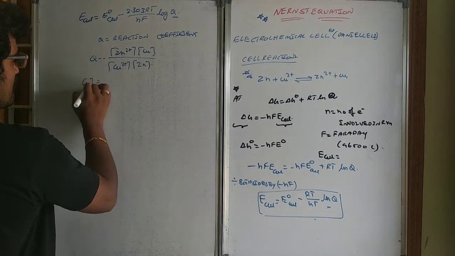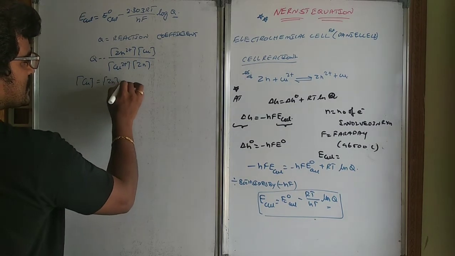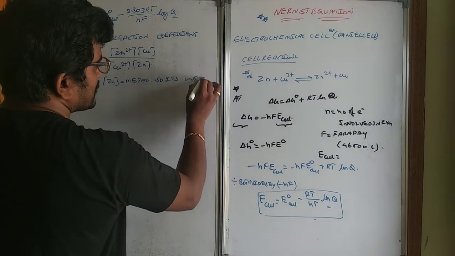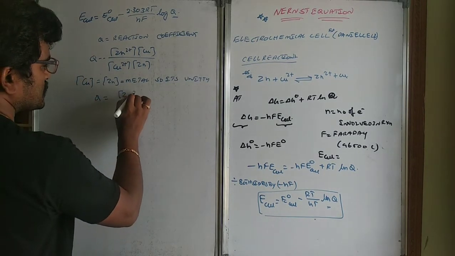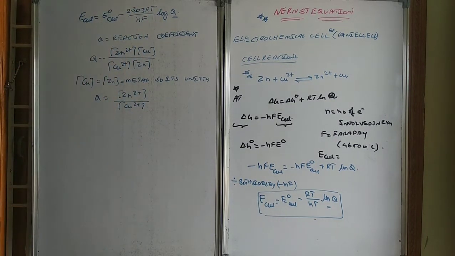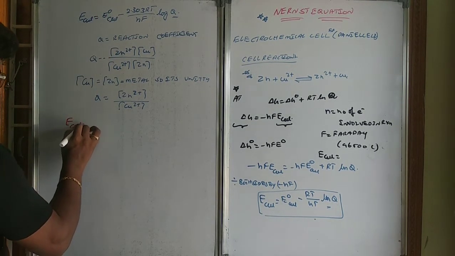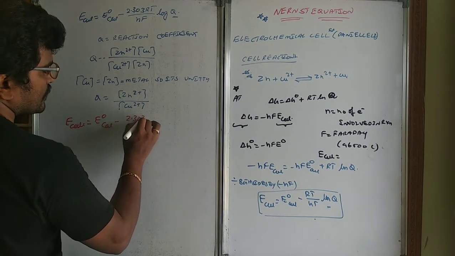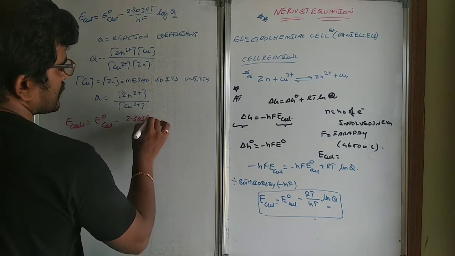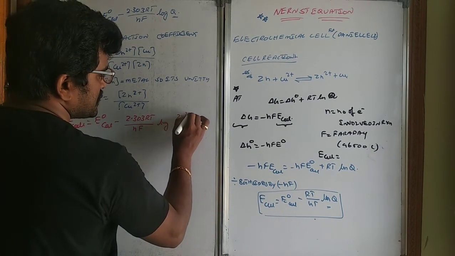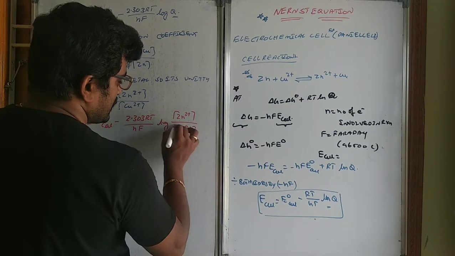We know very well copper and zinc are metals, so their concentrations are unity, and hence Q is equal to Zn2+ concentration by Cu2+ concentration. Substituting this, E cell is equal to E naught cell minus 2.303 RT by nF log Zn2+ concentration by Cu2+ concentration.